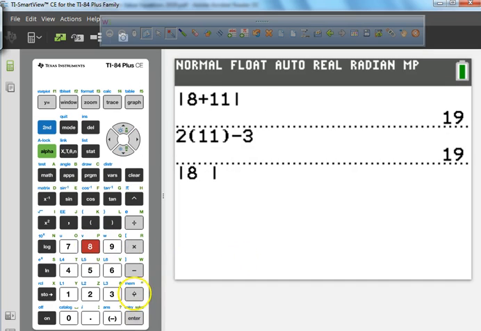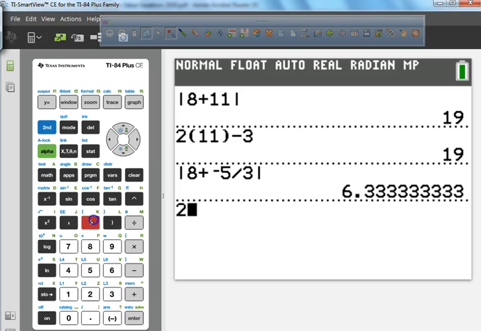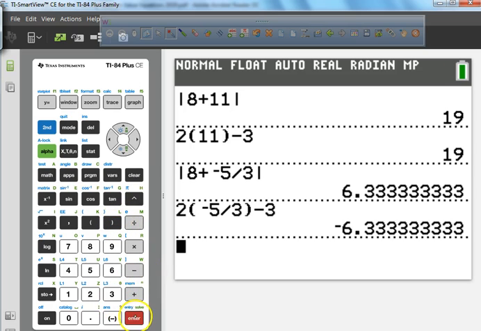If I do 8 plus negative 5 divided by 3 and press enter, you get 6.3 repeating, so 6 1/3. But if I do 2 times negative 5 divided by 3 minus 3 and press enter, what do we get?